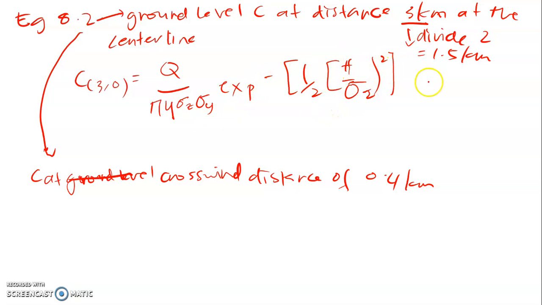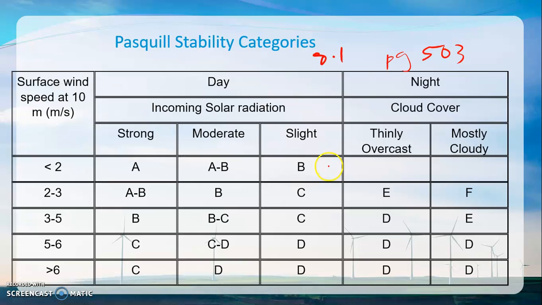The H given is 75 because it's a continuation from example 8.1, but you need to find new values for sigma Z and sigma Y, because the distance has changed to 1.5 kilometers. So again, you refer to this graph.